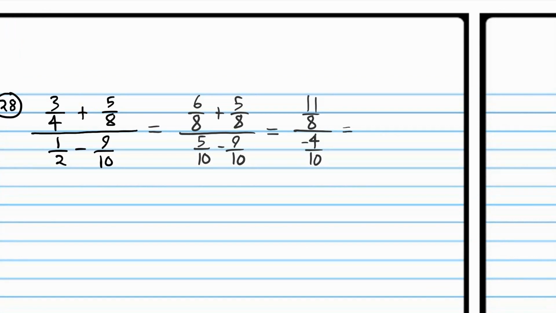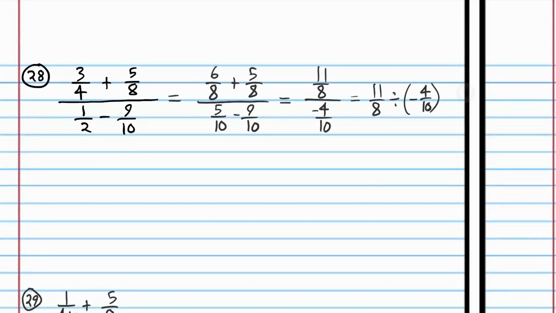And let's see here. We can reduce, but I'm just gonna go straight to the old division symbols and worry about reducing later on. And change to multiplication. Flip the divisor.